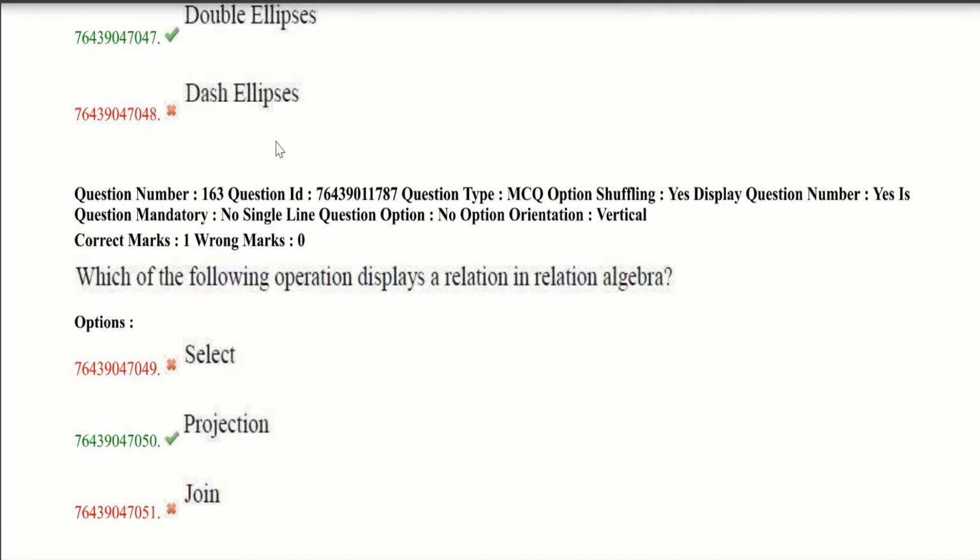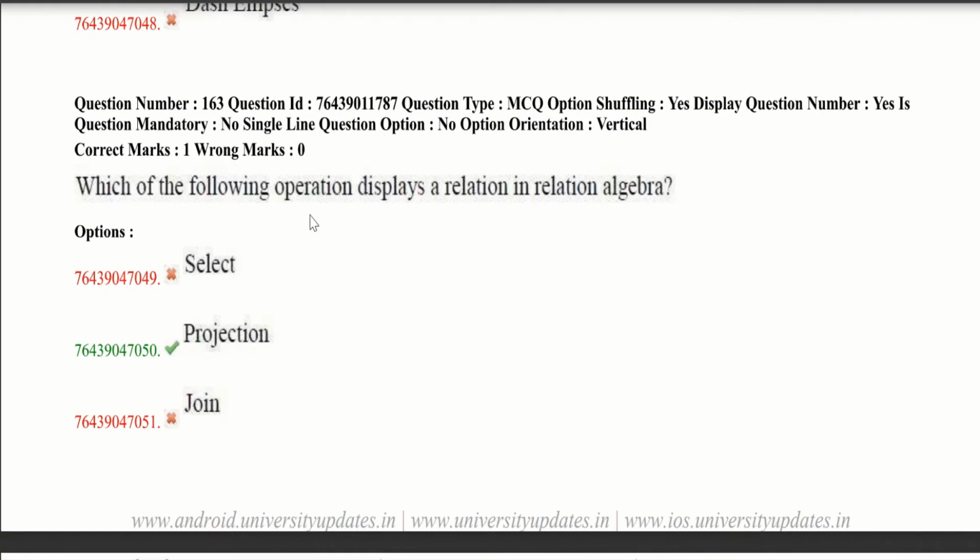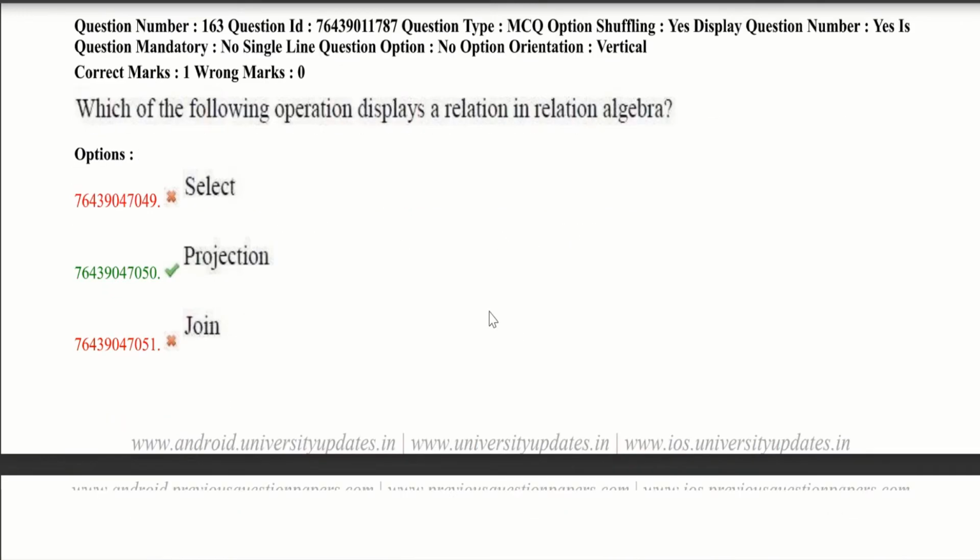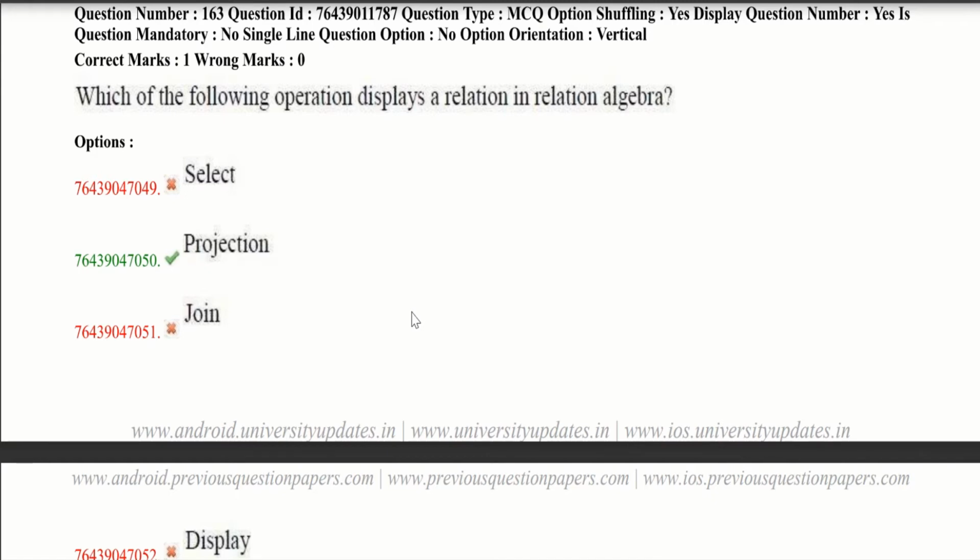Now let's get into our third question. Which of the following operations displays a relation in relational algebra? In this example, I will tell you how to find the answer through the elimination process. Let's think that we don't know what projection is, and we will go through all the options first. First one, select. Select is also a relational algebra operation, but we know that it is used for selection of a subset of tuples.